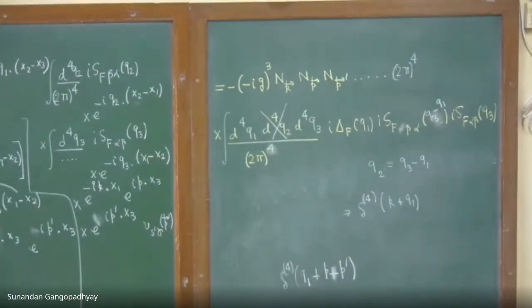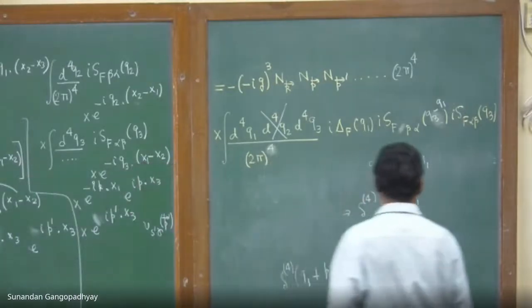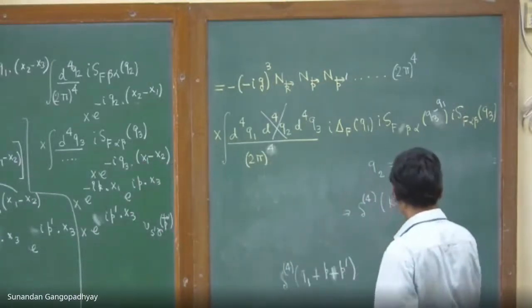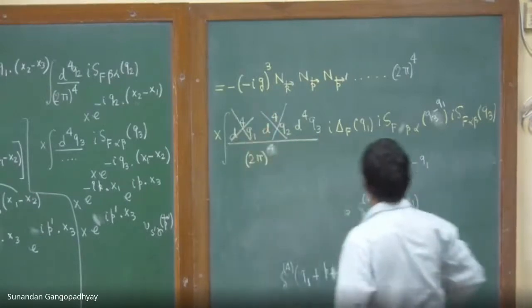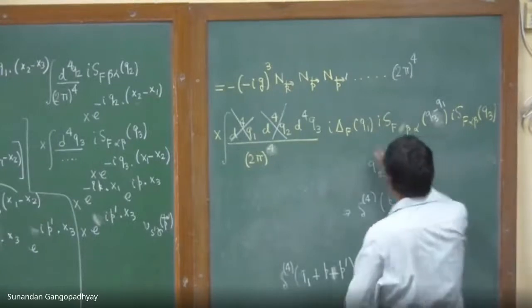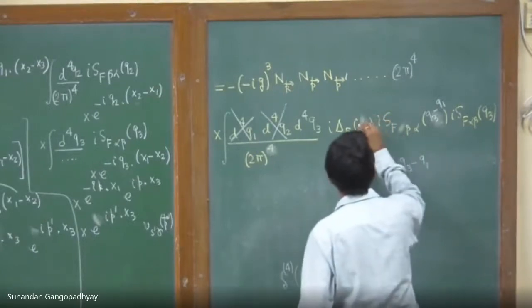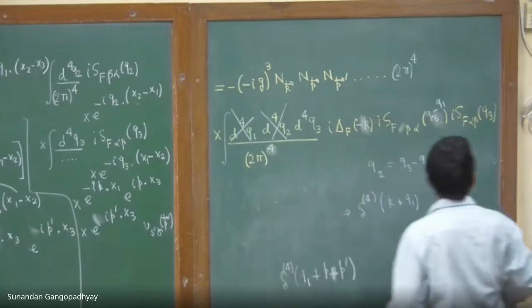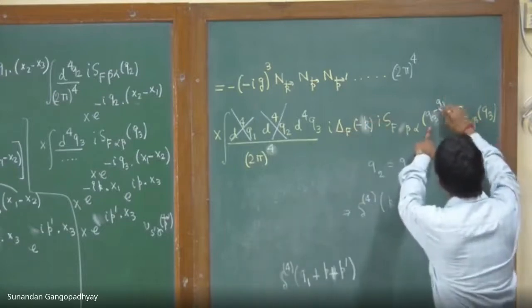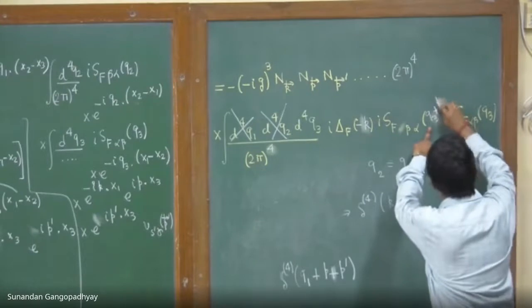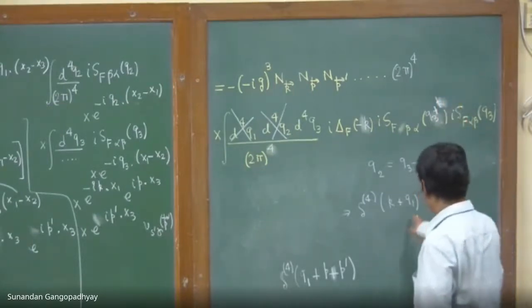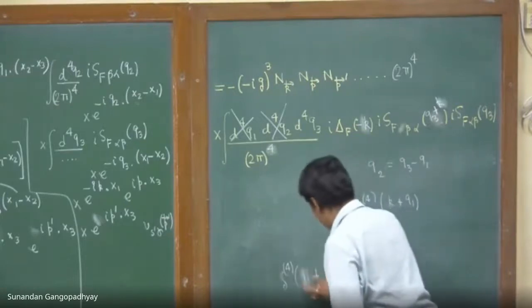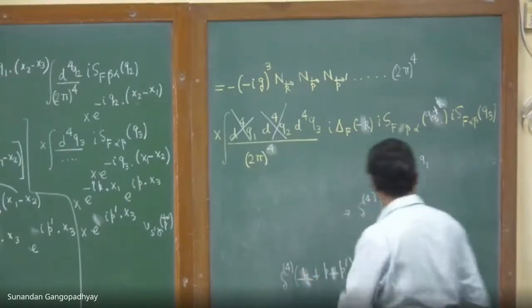Now let us do the Q1 integration. If you do the Q1 integration, Q1 is minus K. So replace this Q1 by minus K. This will also become plus K, and over here this will become minus K. So everything is gone.